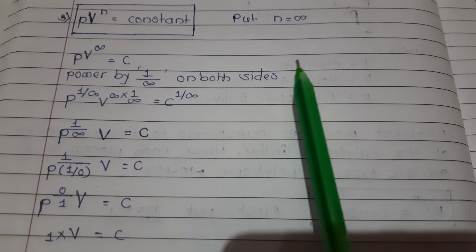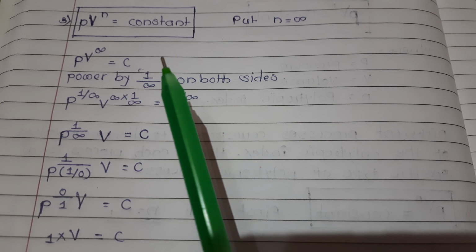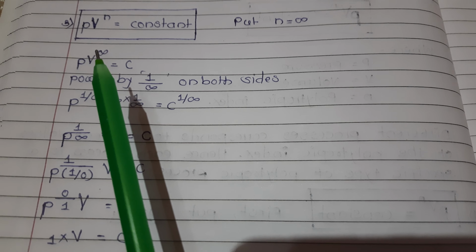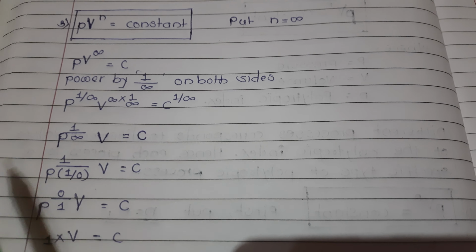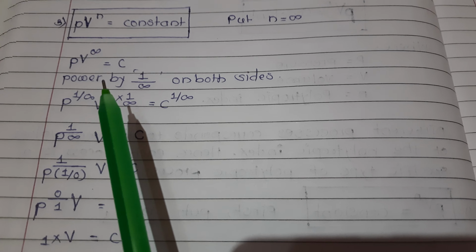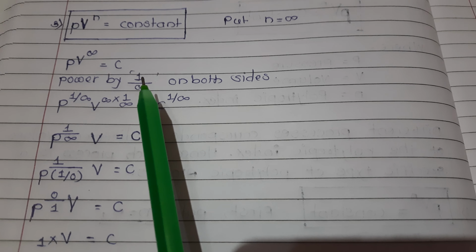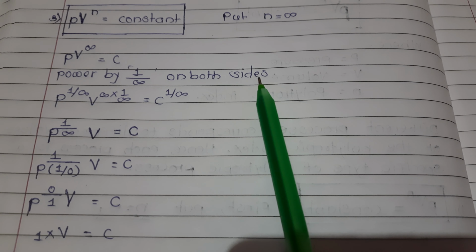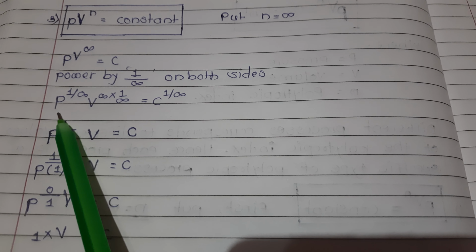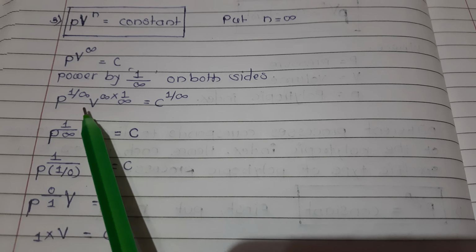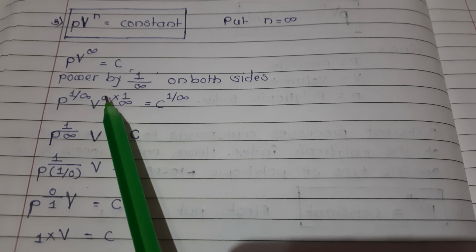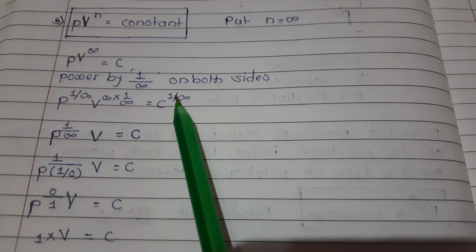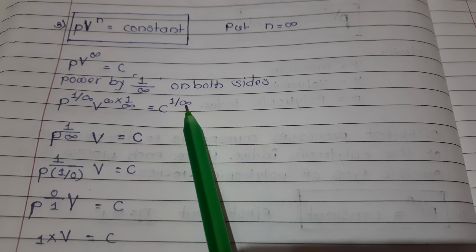Now put n = infinity. Then the equation becomes PV^infinity = C. For the solution, what do we do? Raise the power by 1 by infinity on both sides. P^(1/infinity) into V^(infinity into 1/infinity) is equal to C^(1/infinity).